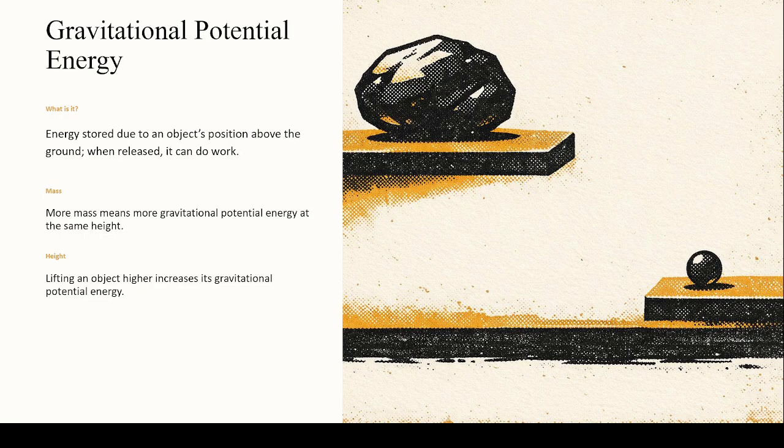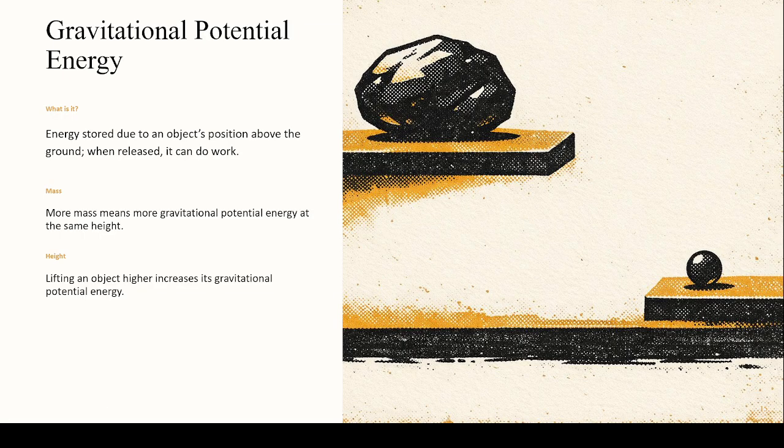Or if you are on a single story and you go to the roof, but don't go to the roof, it's just an example of position, yes. And if a rock has more mass than the other rock, then the rock with more mass will have more gravitational potential energy. So gravitational potential energy has two factors: mass and height.